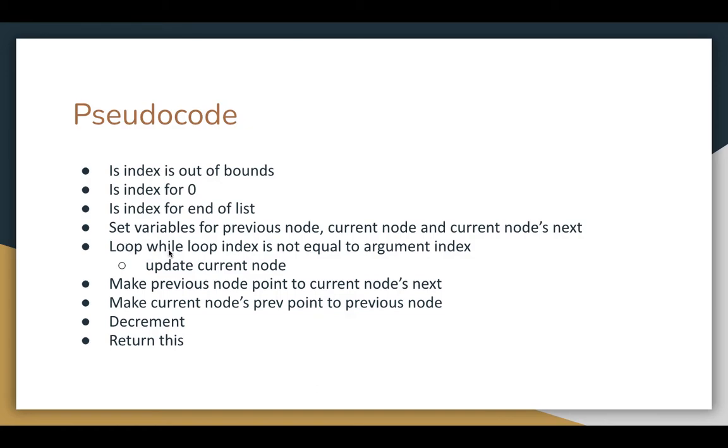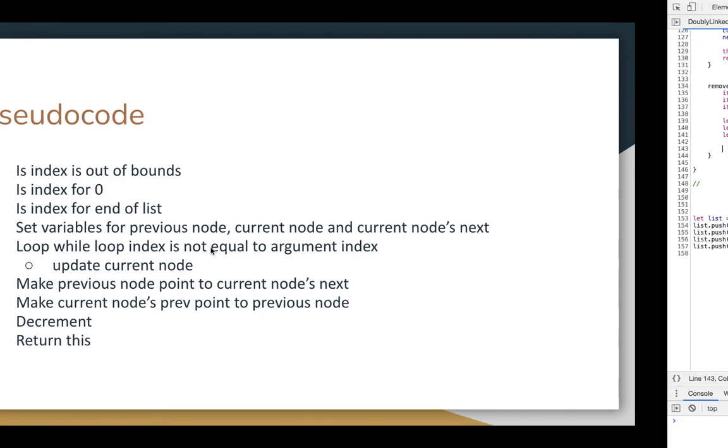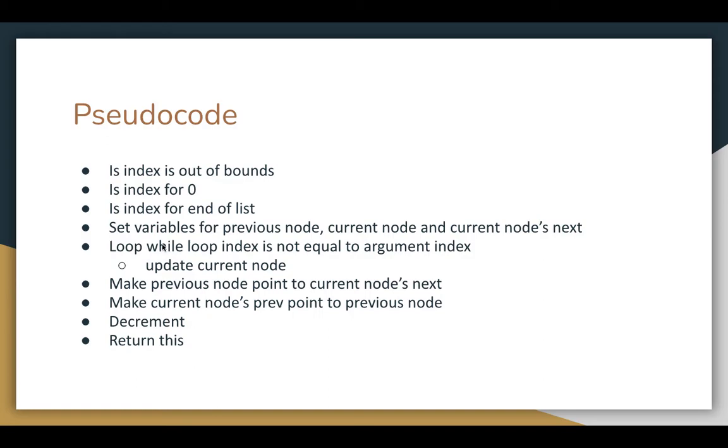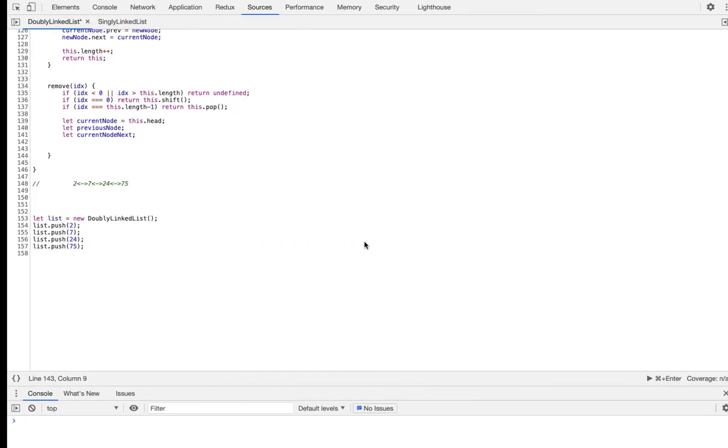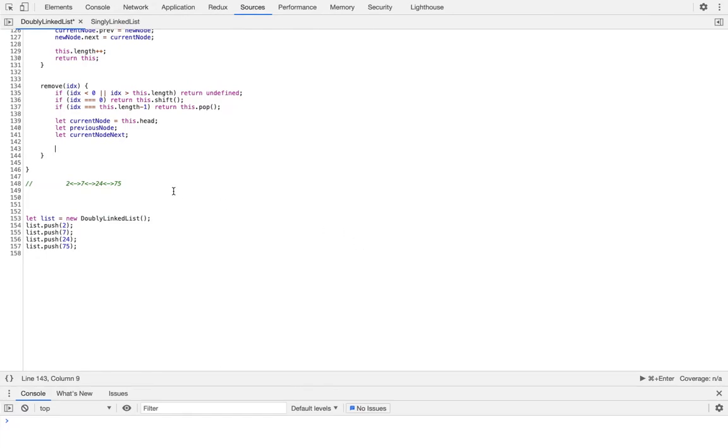Next we're going to loop while the loop index is not equal to the index argument. For this method, I'm not going to use a while loop. Instead, I'm going to use a for loop because I'm going to switch it up. We've been using a while loop frequently, so let's switch this up. Since we're using a for loop, we don't have to set up a counter variable, because the for loop allows us to set up an initial counter.